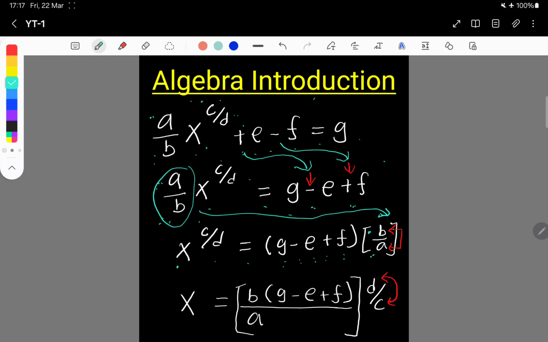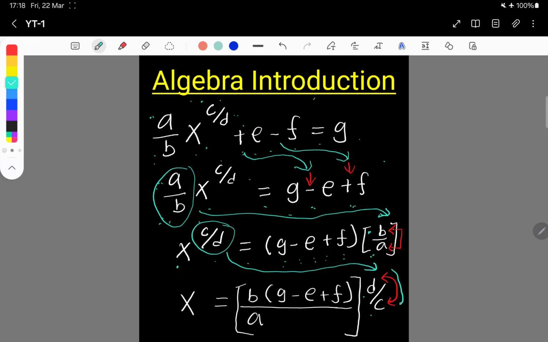Then the last thing we are going to do is manipulate the c over d here, meaning the power of c and the root of d. If you want to move the power and the root to the right hand side, you will notice that the power and the root will be upside down, meaning the root will become the power and the power will become the root.